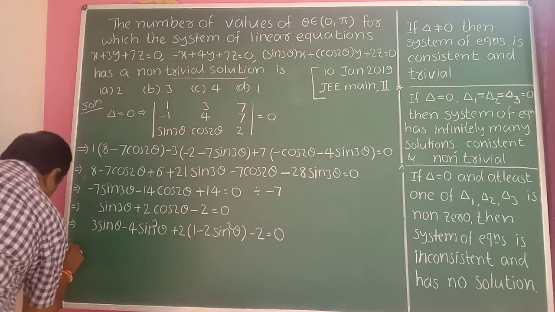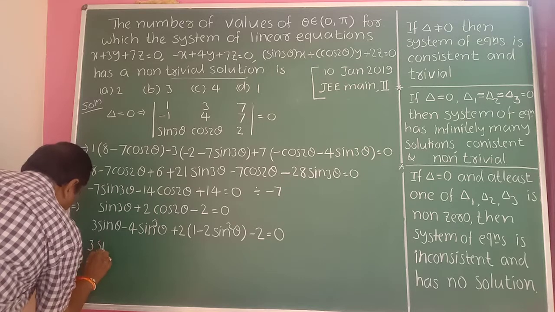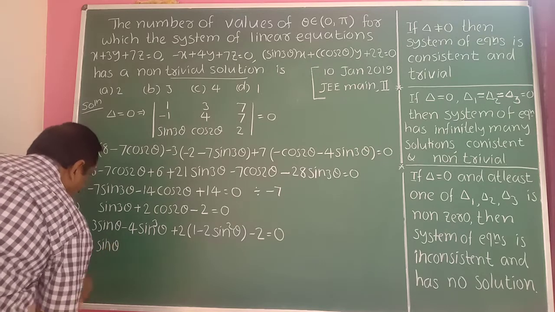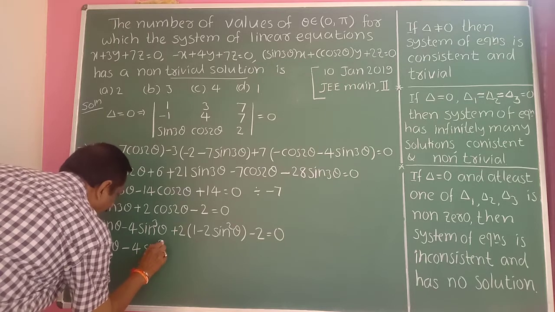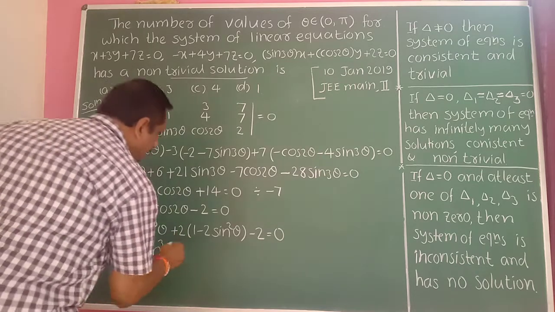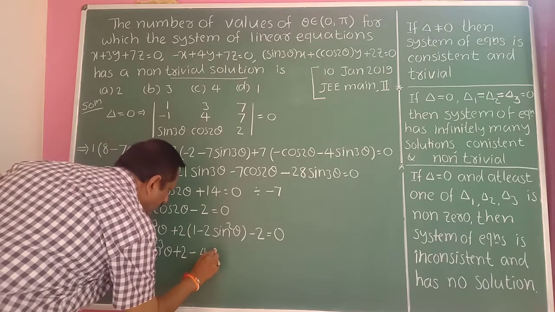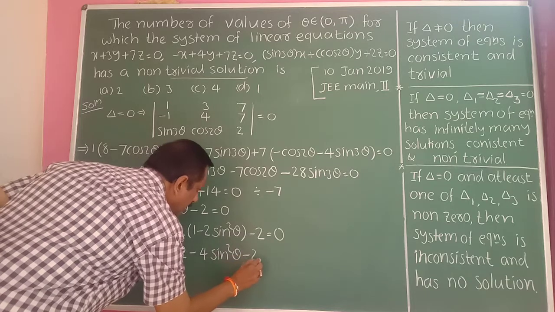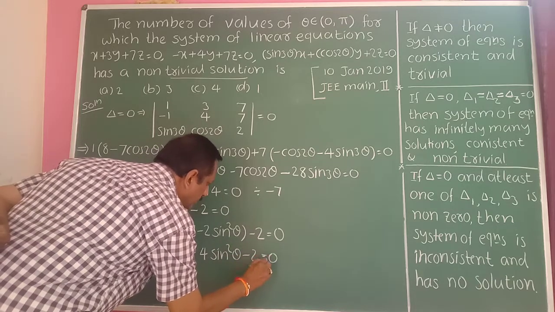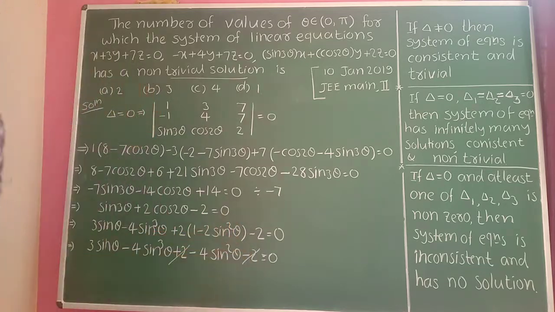Therefore this implies 3 sin theta minus 4 sin cube theta. Take 2 inside the bracket: 2 ones are 2, minus 4 sin square theta, minus 2, is equal to 0. Plus 2 and minus 2 cancel.